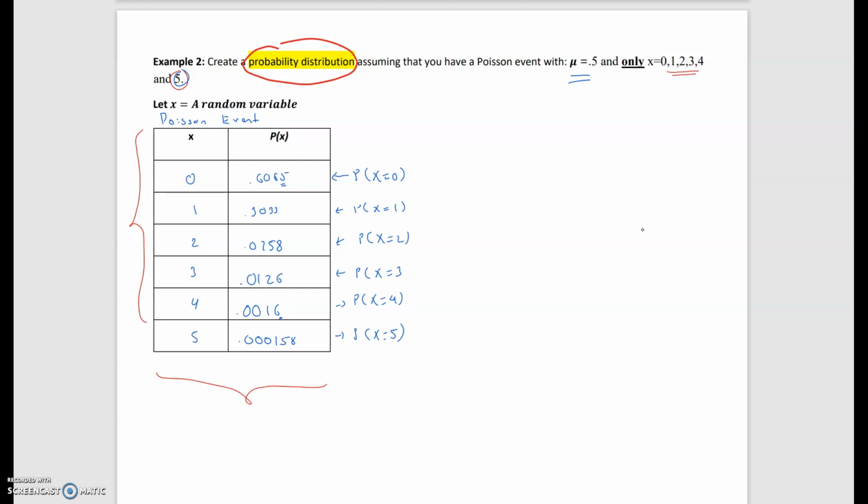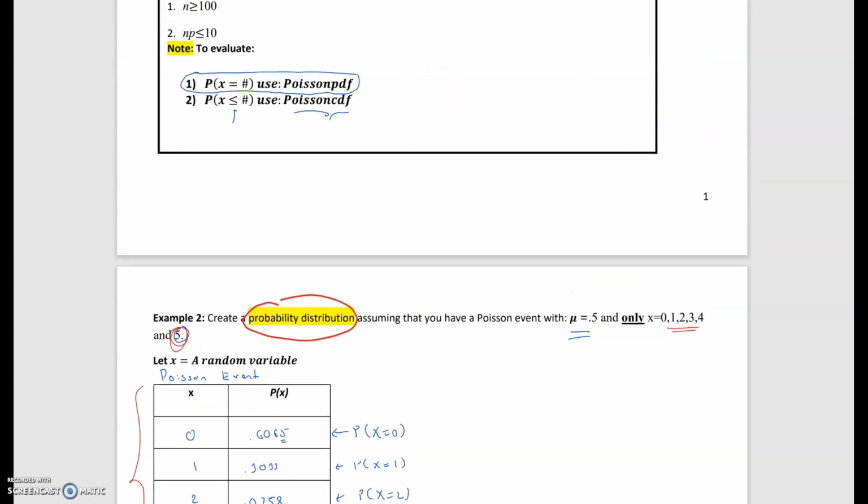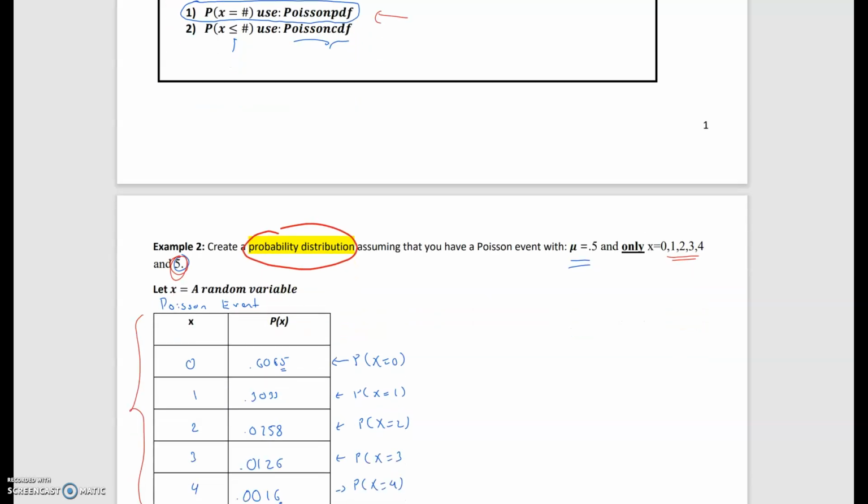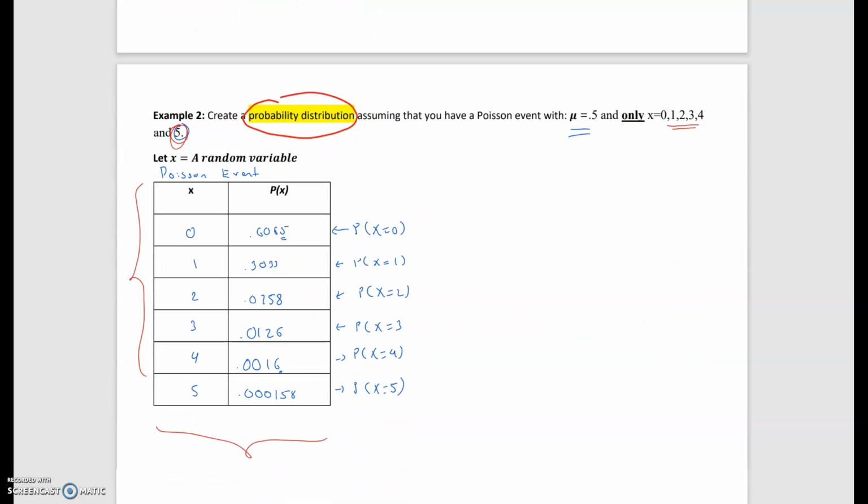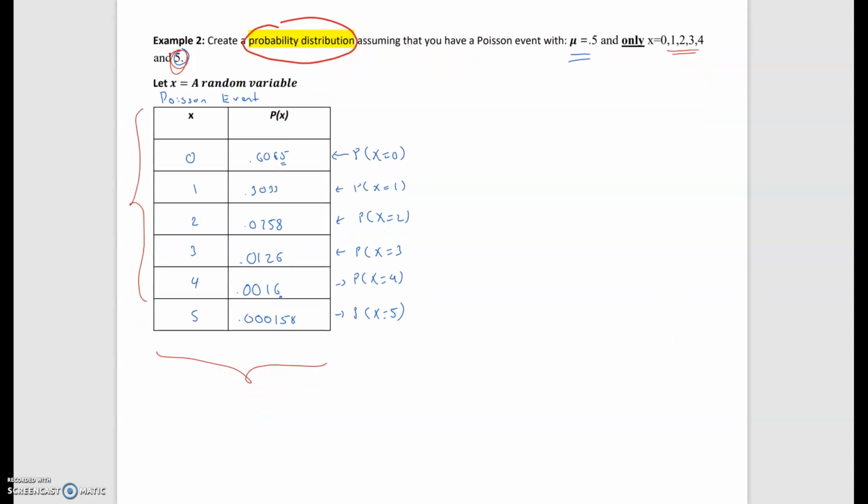But for any regular probability distribution, they're just referring to the table with the probabilities, where we're putting the successes, in this case the x's, and they have to tell us where to stop, and then the probabilities associated with them. All of these for the probability distributions, we're going to be using the PDF. Remember, CDF is for addition. So that's actually it for this problem.